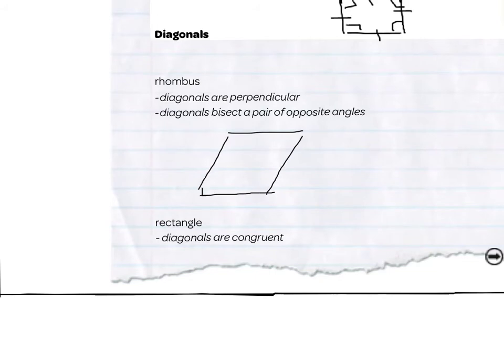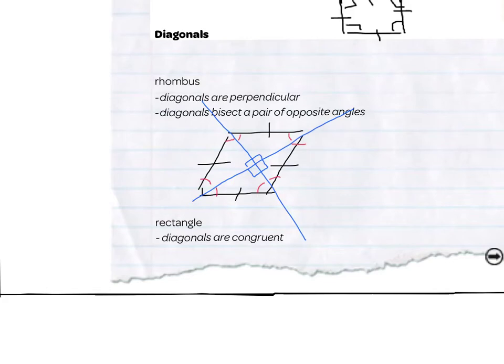A rhombus, while it has its 4 sides congruent, also has diagonals, when you draw them in, that are perpendicular, which means they meet and form 4 right angles. Diagonals also bisect the angles that they are at. So they bisect the angles and cut them in half. And that's something that's going to be very useful later on.